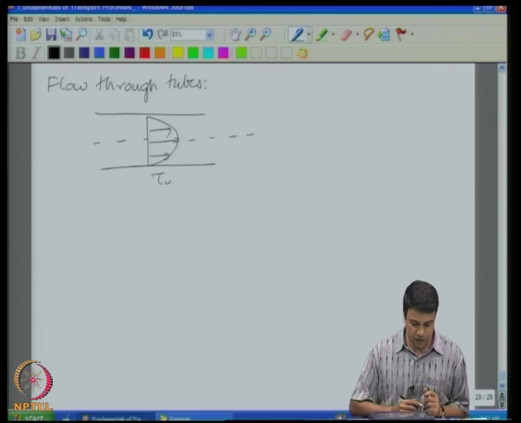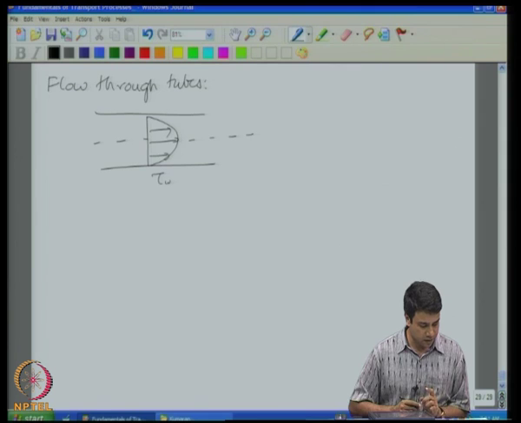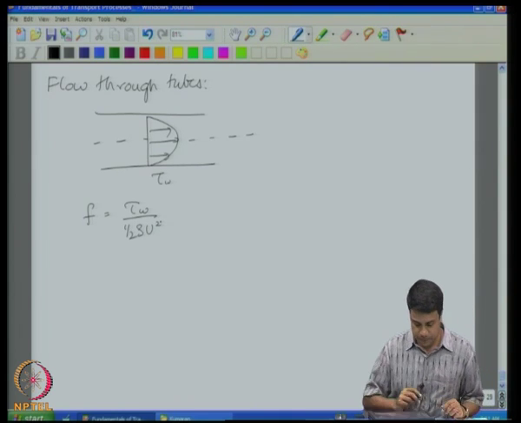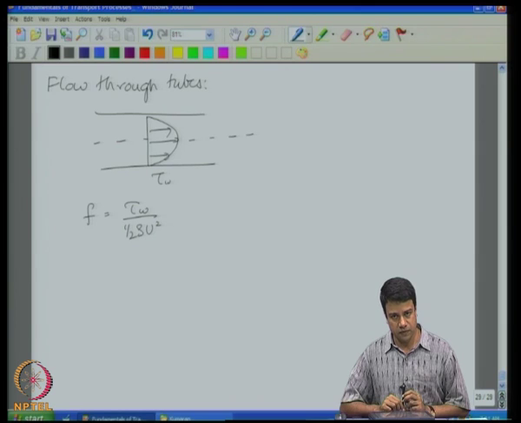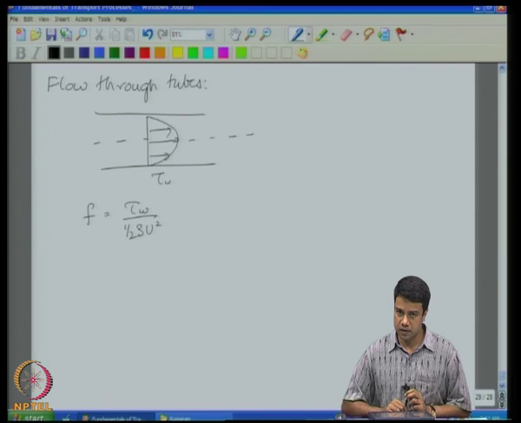It is the force per unit area acting on the wall of the tube. And the non-dimensional flux is defined as the friction factor, which is equal to tau w by half rho u square. Tau w is the viscous stress, the force per unit area acting on the wall of the tube. Half rho u square is the kinetic energy density, the energy per unit volume, and both have the same dimensions.